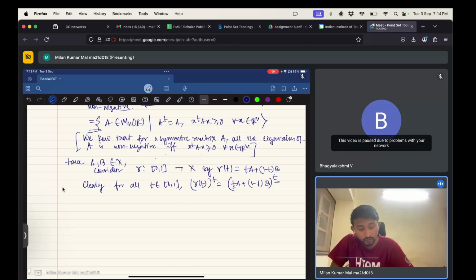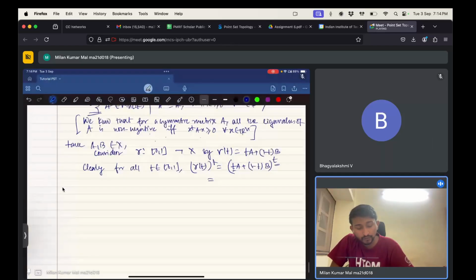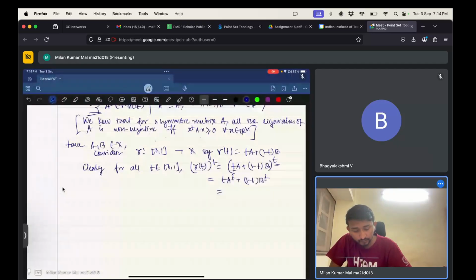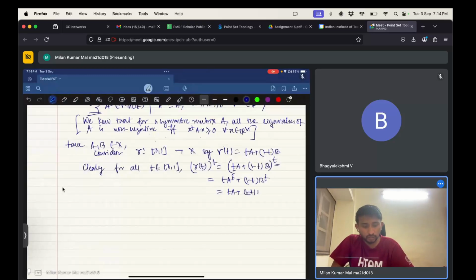This will be equal to t A transpose plus (1 minus t) B transpose, which is equal to tA plus (1 minus t)B. That means for all t belonging to [0,1], gamma(t) belongs to X, since gamma(t) is symmetric.